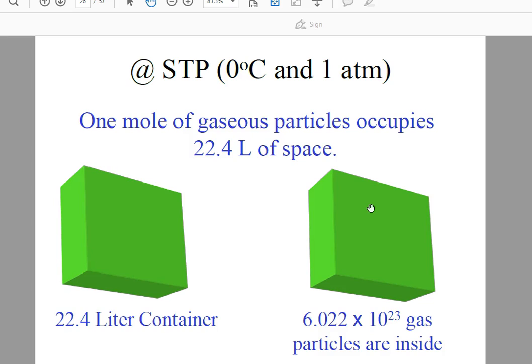So think about your mole map, how we go from grams to moles. Remember that? Okay, grams to moles, you divide by the molar mass from the periodic table. But to go from liters to moles, we can use this conversion factor. So if you have 22.4 liters, that's going to be 1 mole, which means there are Avogadro's number of gases inside.